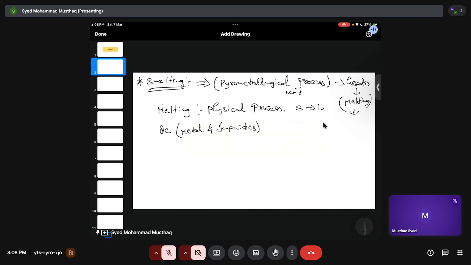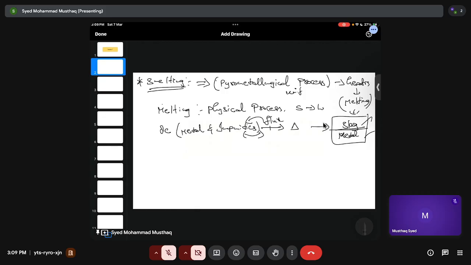Then you heat it, and also you add flux, and there will be a reaction between the flux and impurities, and you will have your metal and slag. This is the most basic operation. So you end up with slag and metal, where impurities and flux react to form slag. We'll discuss slag in detail in the next few slides.